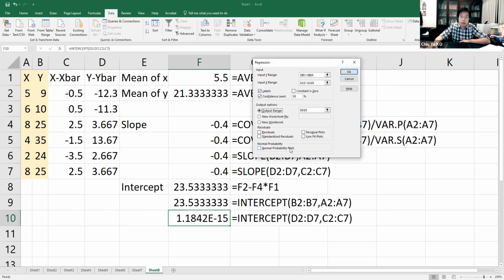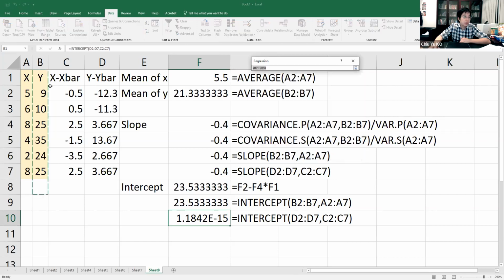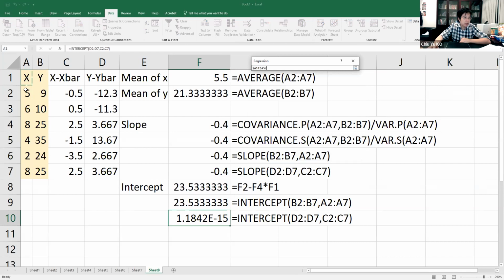And then you put the input here one by one. So you click on Y range. You can select this, here it is B1 to B7 for my case, depending on your data. And you input the X range, just highlight the X range.